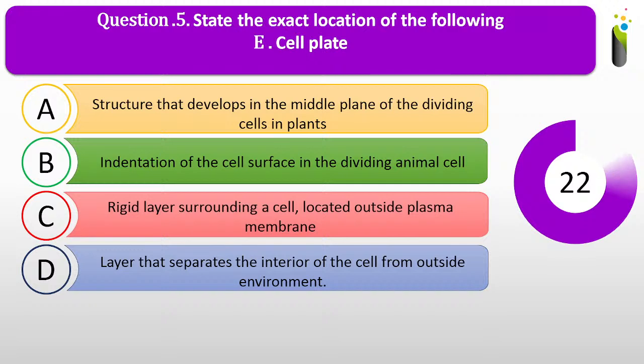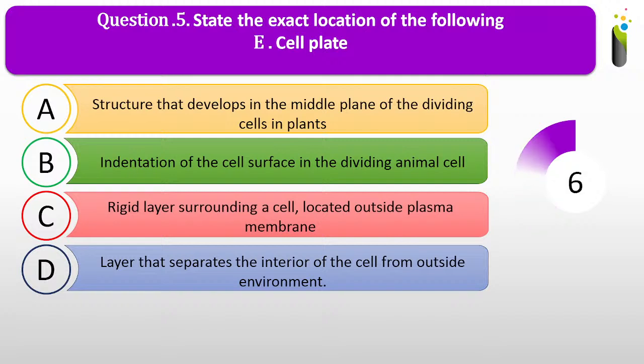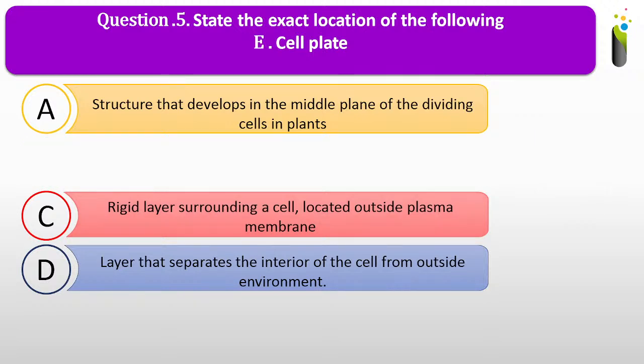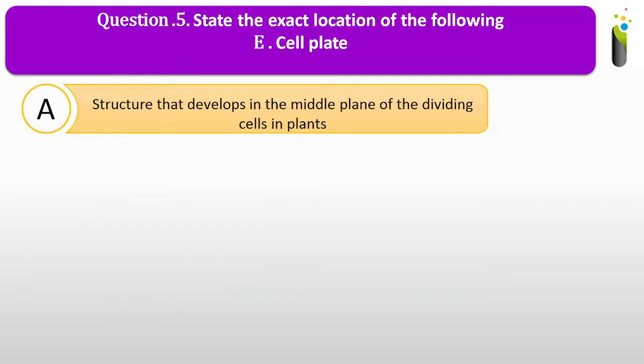So, what is the exact location of the cell plate? The correct answer for this question is A. It is a structure that develops in the middle plane of the dividing cells in the plants.